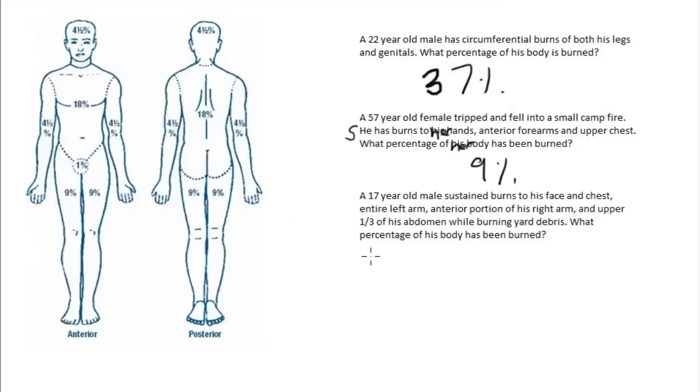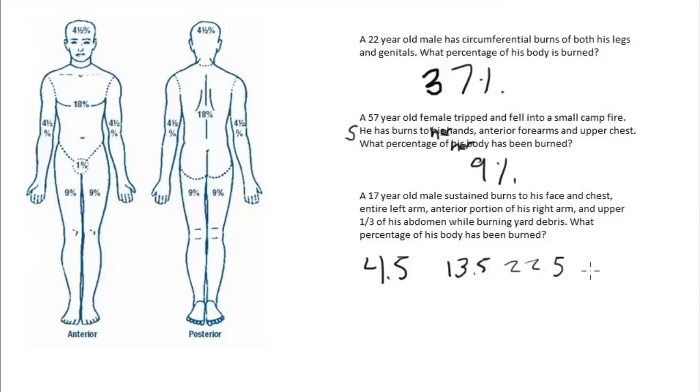So the face is 4.5%. The chest is 9%. We'll add that together. So far we're up to 13.5%. His entire left arm, anterior and posterior, is going to be another 9%. We're up to 22.5%. The anterior portion of his right arm is just going to be the front.